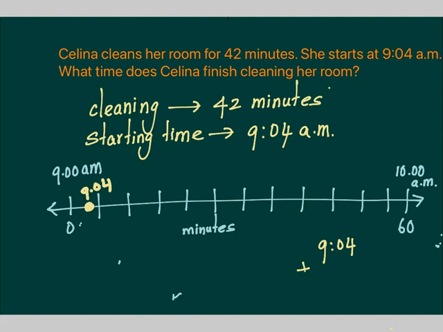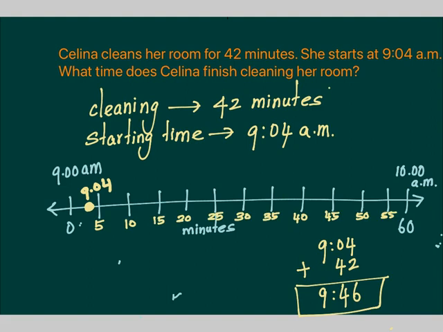9:04 plus 42 minutes. 4 plus 2 is 6. 0 plus 4 is 4. And the same 9 goes down. So she has finished at 9:46. 9:46 must be here.